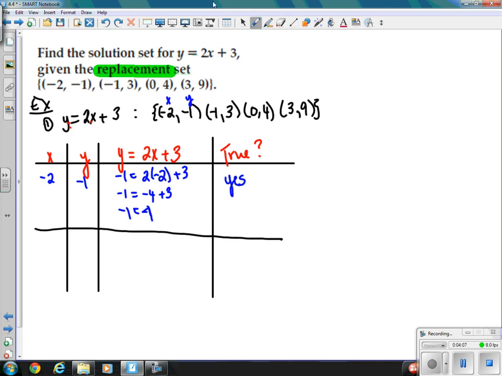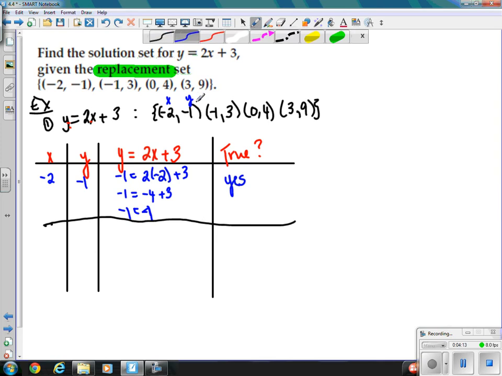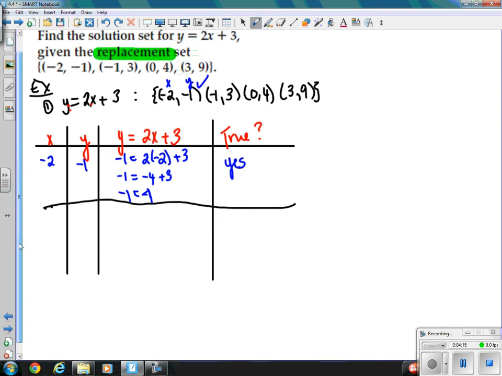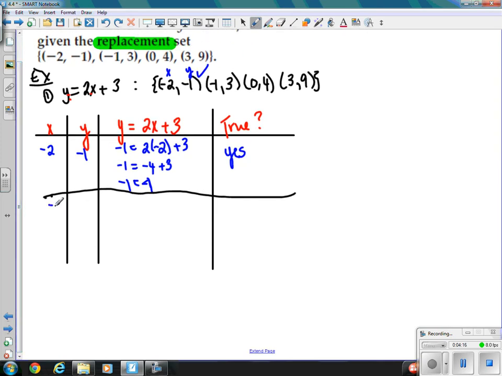And we're going to do this for all of our ordered pairs. So we did our first one, we can check it off and go on to our second ordered pair, (-1, 3). So our y value for this one is 3, equals 2 times x, which is -1, plus 3.